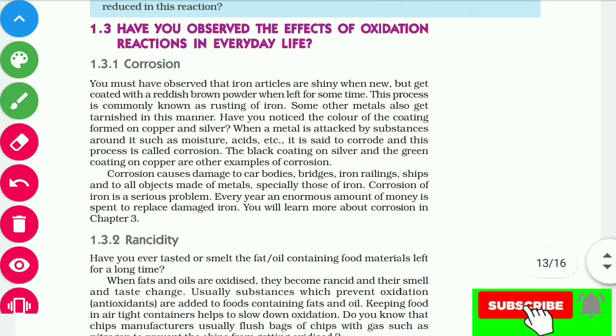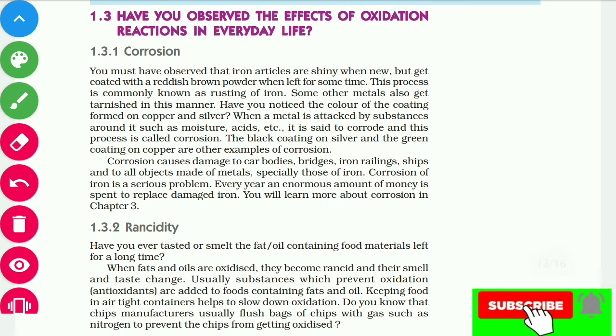Now, easy, completely come to the end: corrosion. What is happening in corrosion mainly? In higher classes you will also study corrosion. There is an iron rod, and due to its exposure to the atmosphere containing oxygen, air, and moisture, all this provides favorable conditions for corrosion.